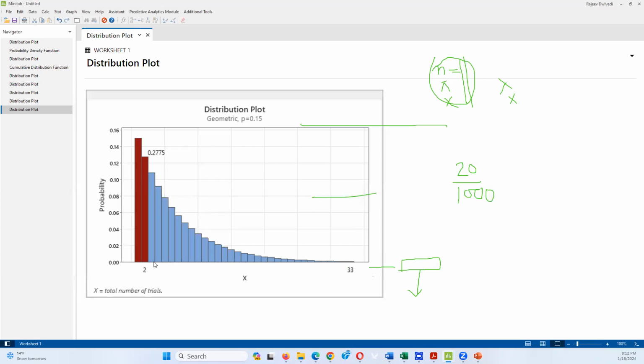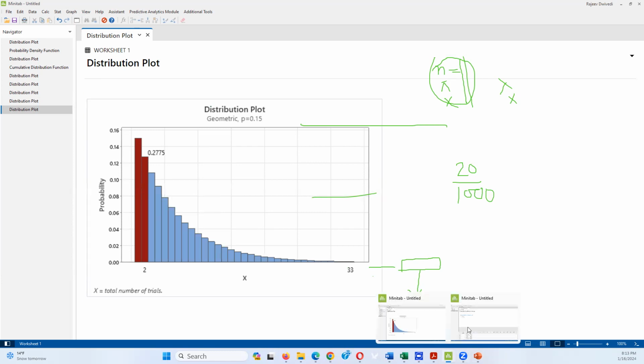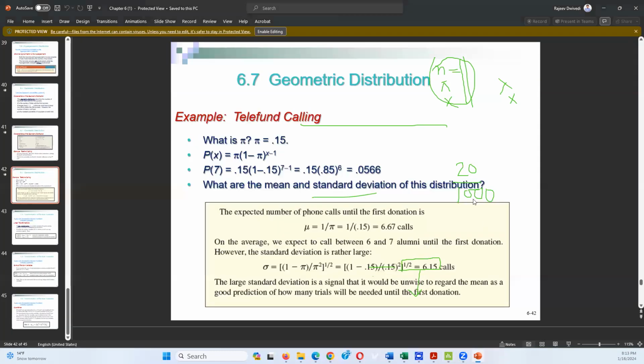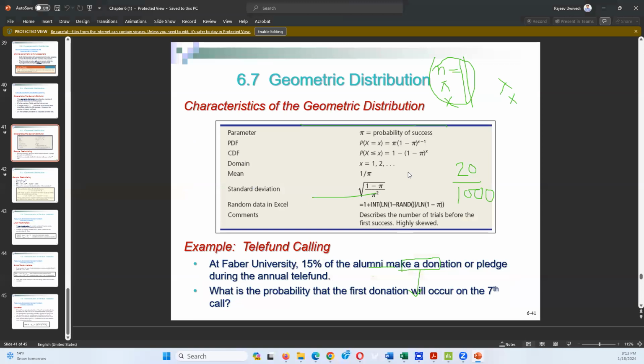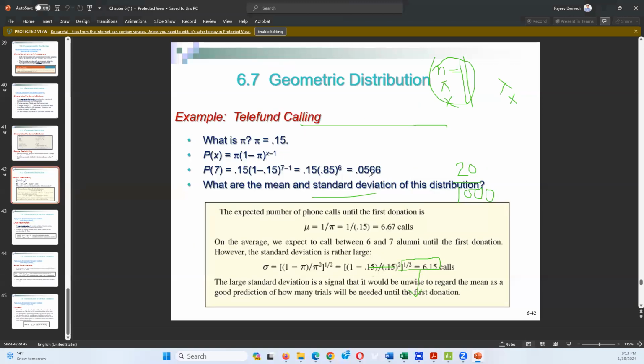Since 2 is already there, then 3, 4, 5, and 6, where is x? You can get the value of each. This is about 5 to 6%.